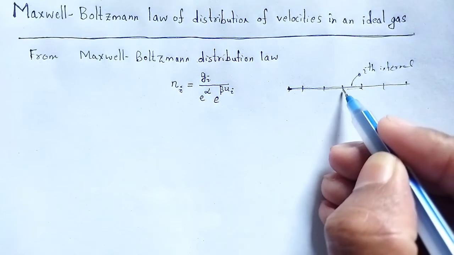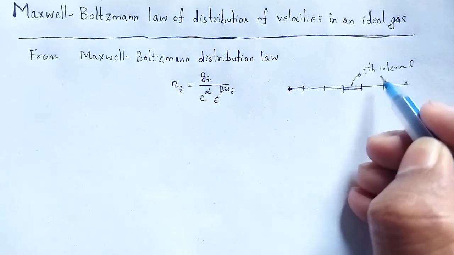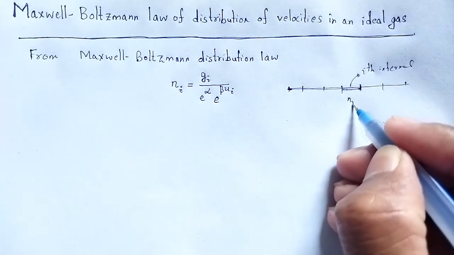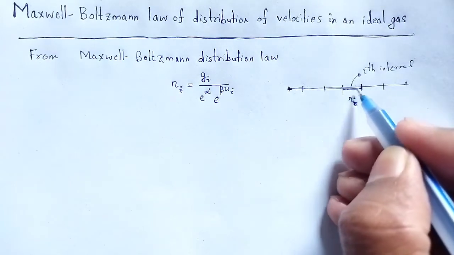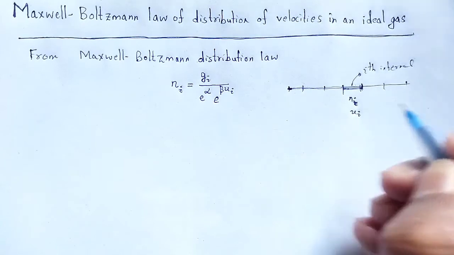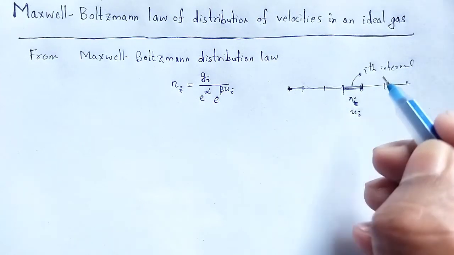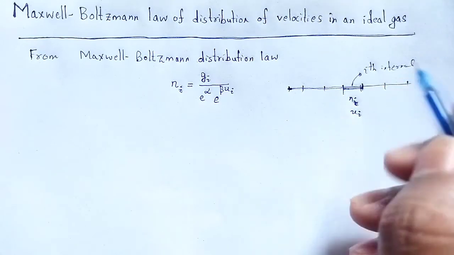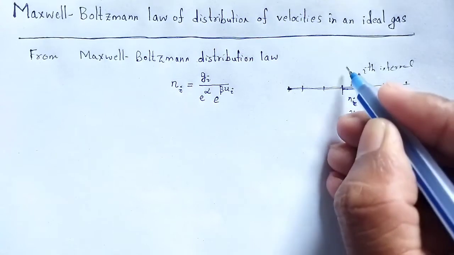The number of gas molecules in the ith interval is Ni and the energy of that ith compartment will be ui, and it is divided further into elementary cells, that is Gi.